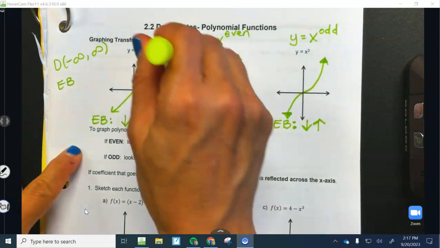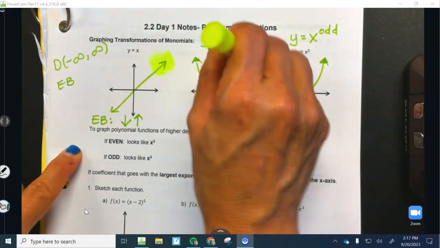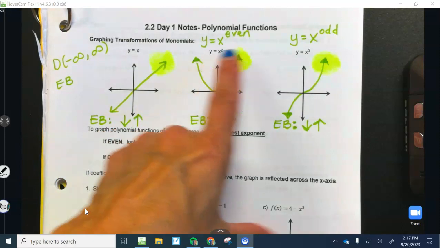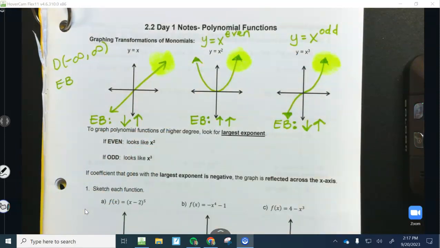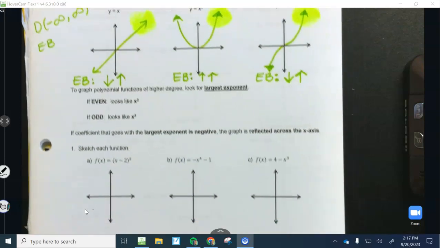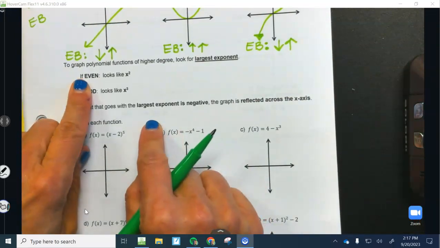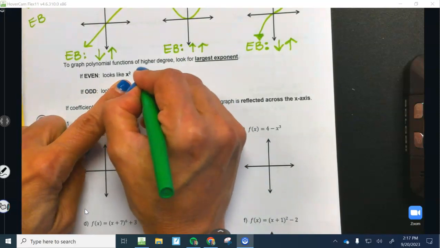One more thing. Look, every polynomial graph is always up on the right, as long as the leading coefficient is positive. So let's take a look at this little middle part right here. Here's what we're trying to get across. So every even is going to look like this.